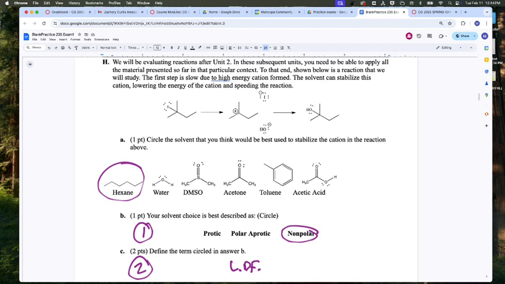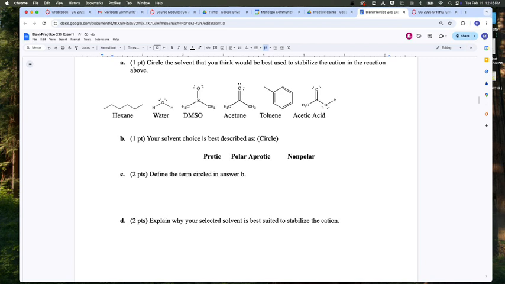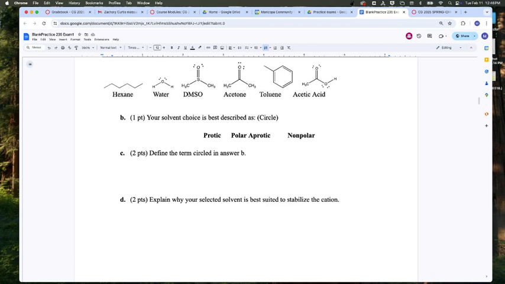Yeah. That's an interesting question. With what we have visible on the screen right now, okay, I would probably say yeah, except that if we scroll down a little bit, explain why you selected that solvent. Okay. So in this particular case, what I would probably do is accept any circling for that first one.